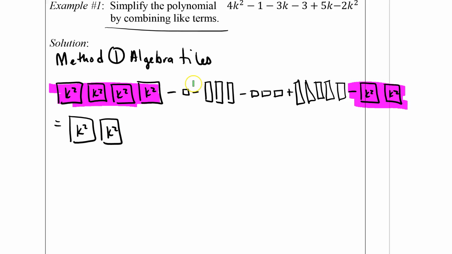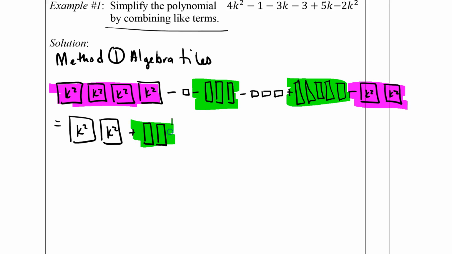Next, we're going to deal with the k's. So we have our long rectangles. We have negative 3k plus 5k. That ends up being plus 2k. And then let's deal with our ones.